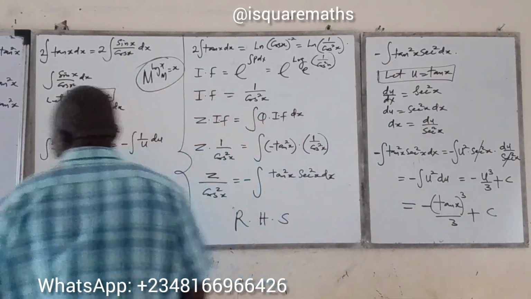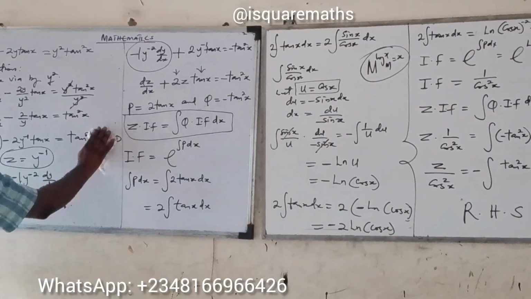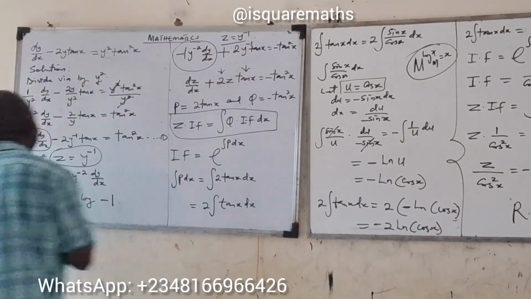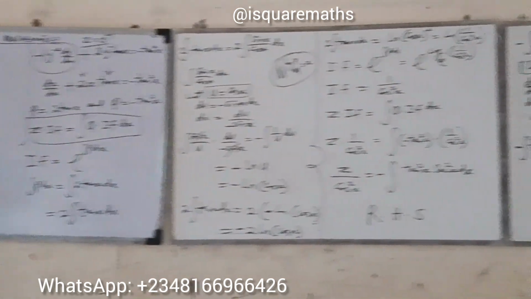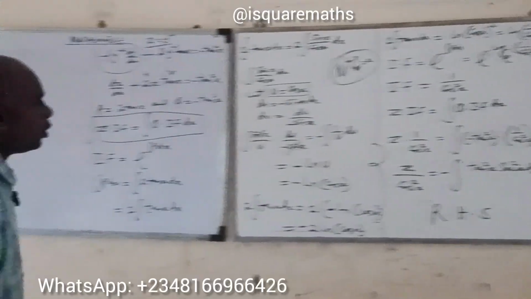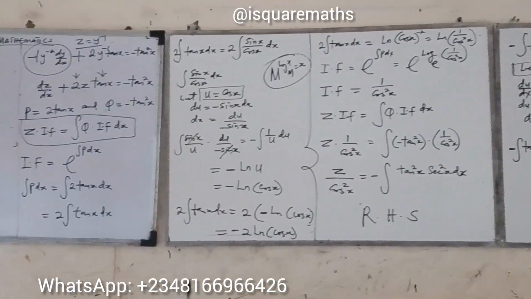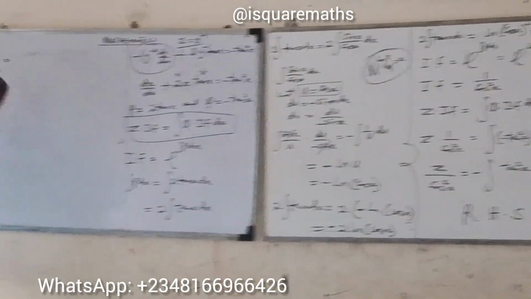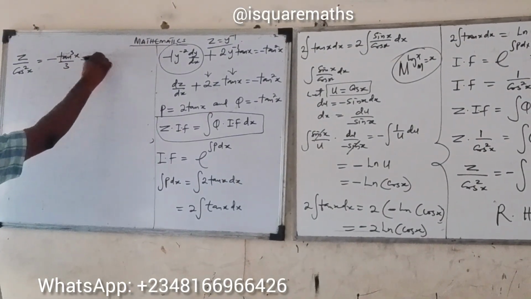So it therefore means that what we have now will be z all over cos squared x will be equal to minus tan cube x all over 3, then here we have plus c.